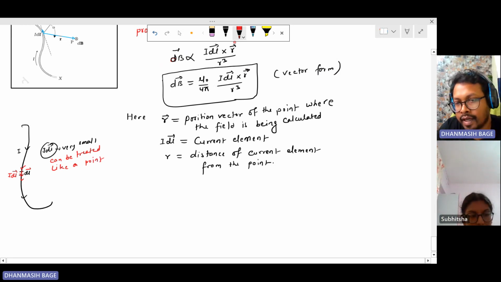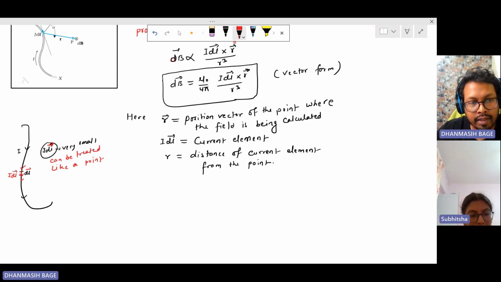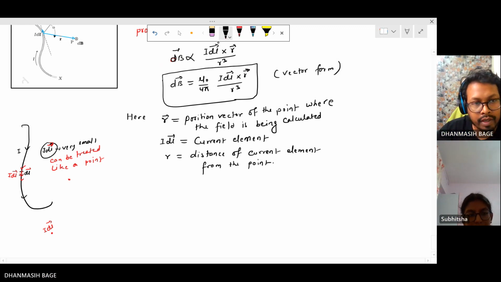Its shape and size are completely neglected. So just think that there is a point here, this is the I dl vector, and suppose I want to calculate the field over here at this point due to this current element.